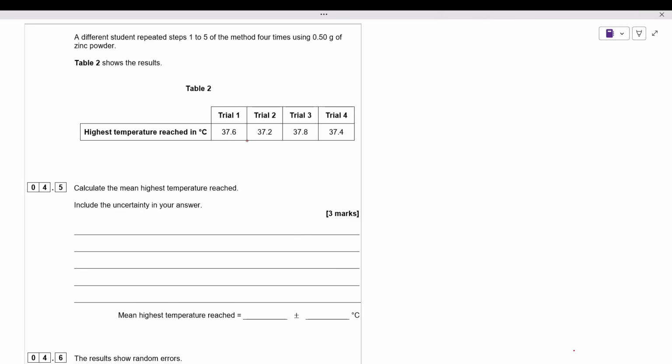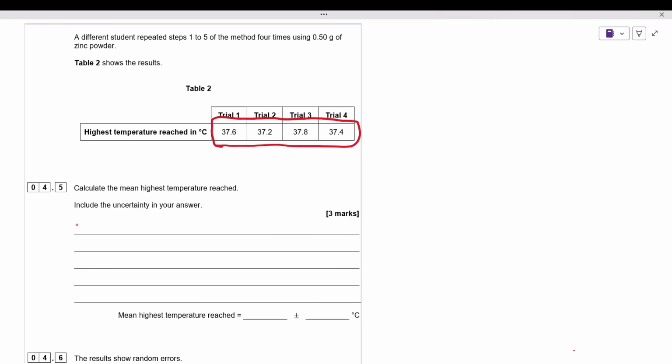Now, I know that usually you calculate the mean and leave out the anomalous point. You do not include that in your mean. But if we're looking at these points, we notice that they're all over the place, really. So we're going to use all of them to calculate the mean. And then we're going to use our uncertainty to see where within this region our actual result lies, considering that it's all over the place.